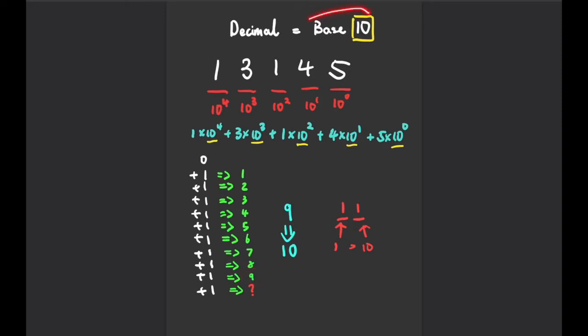That's because in base 10, there are only 10 symbols representing 10 values, meaning that there is no symbol representing the value 10 in base 10 number systems. And that's why when we reach the value 10, we actually have to carry over the value of 10 to this digit, meaning that every digit on the second digit represents 10 in the first digit, as illustrated here.